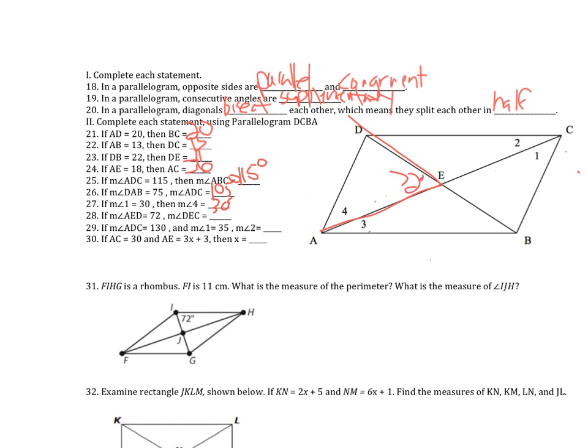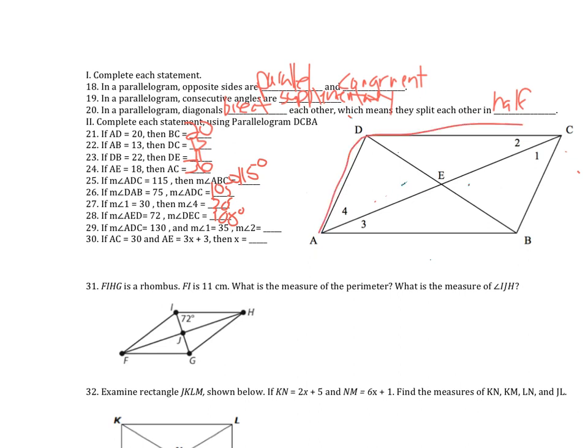What is DEC? Not 72. If we're talking about BC, then that would be 72, because those would be vertical angles. It's 108. Why is it 108? We subtract 180 by 72 because those two angles formed a linear pair, which are supplementary, which means they add to 108.